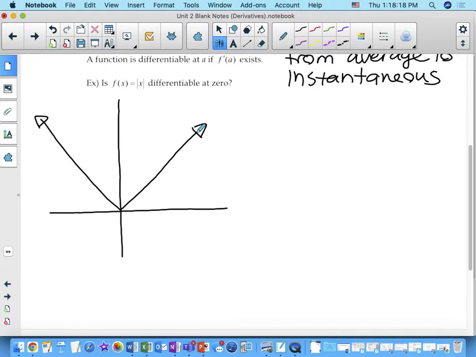Okay. That's what f of x looks like. But again, how would you create a tangent line at this point?